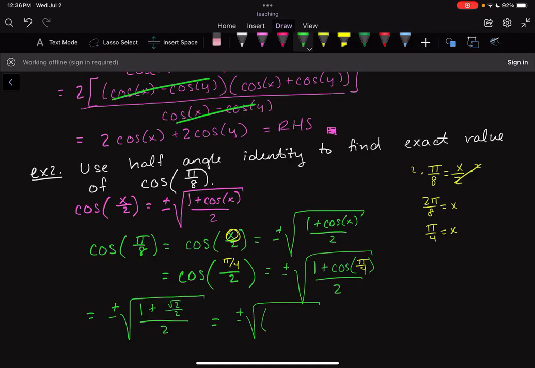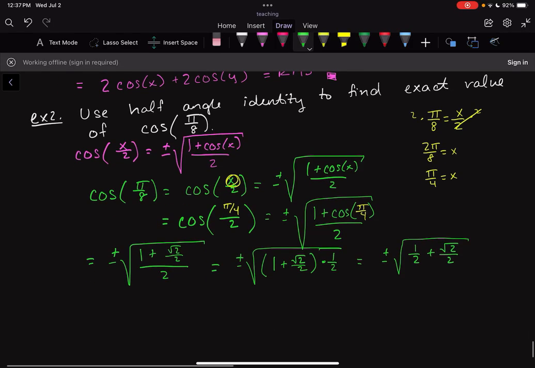Remember that when you divide, that's the same as multiplying by the reciprocal. So instead of dividing by 2, I can multiply by 1/2. This will give me 1/2 plus square root 2 over 2. I'm sorry, square root 2 over 4. Then I need to combine these fractions, so I can multiply this by 2 over 2.